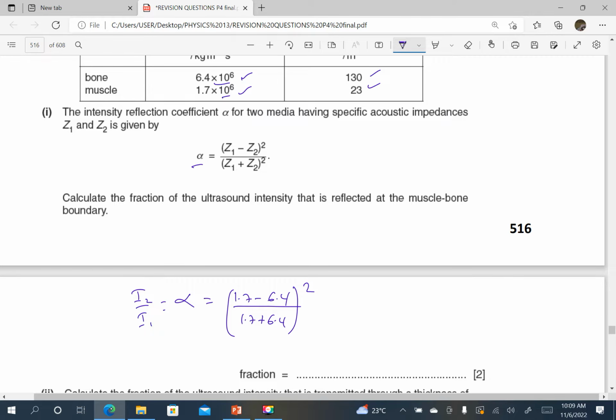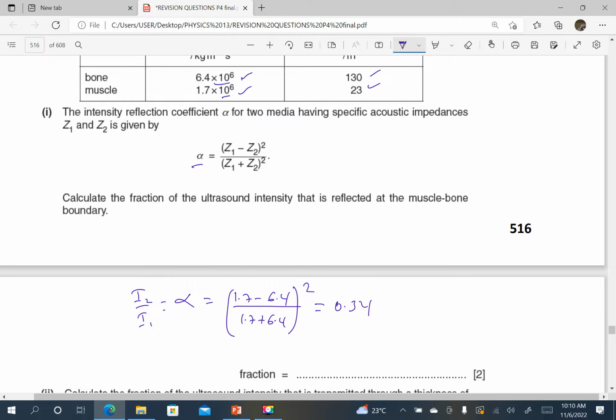So when I press my calculator, I get alpha as 0.34 to two significant figures.